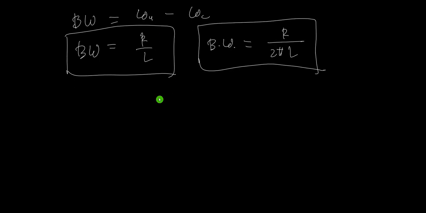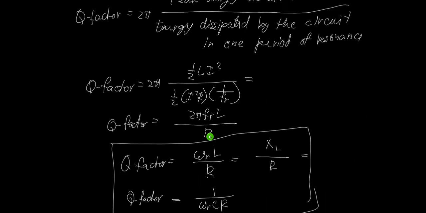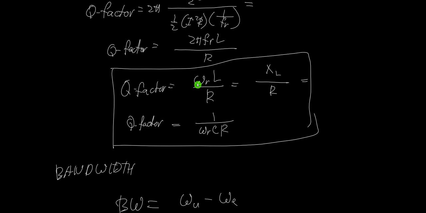So let's try that. If I divide the bandwidth with the resonant frequency, and if I input it here, this will become R all over 2 pi FR times L. Then if we look at the formula for Q, it is equal to omega R times L, but omega R is just equal to 2 pi FR also.